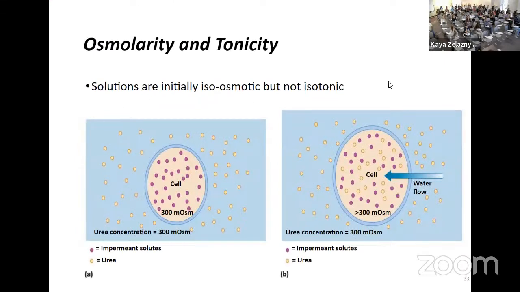So we are going to move forward and talk a little bit about osmosis as our final topic for this unit.